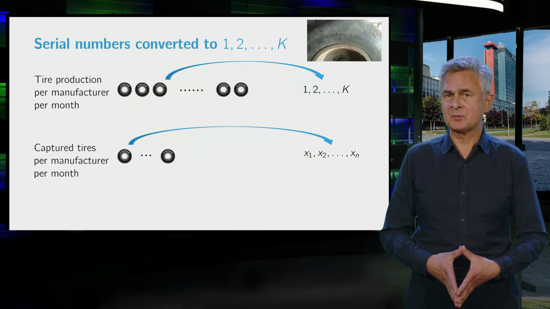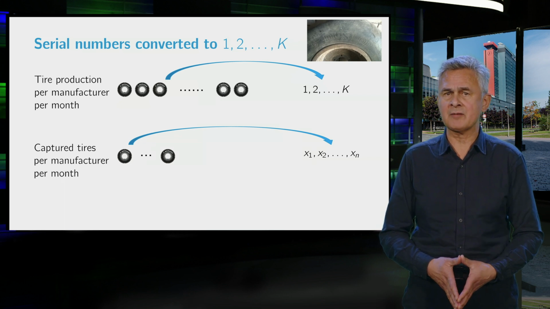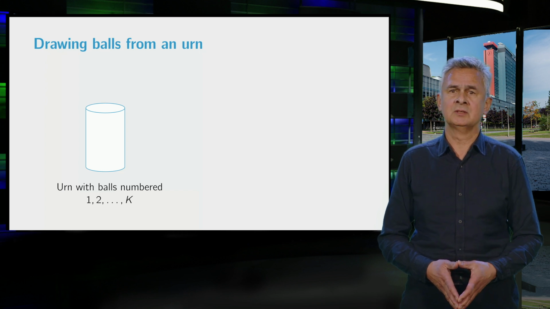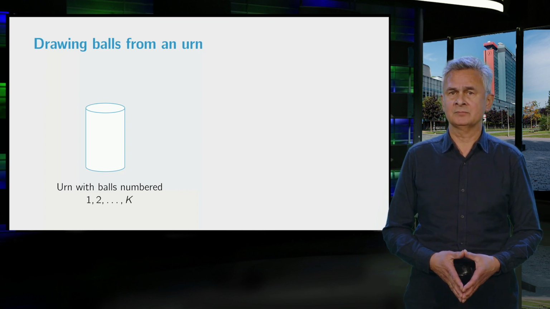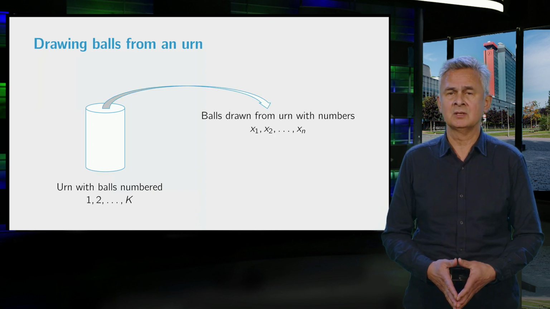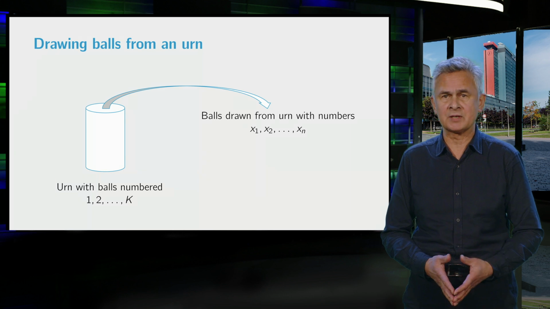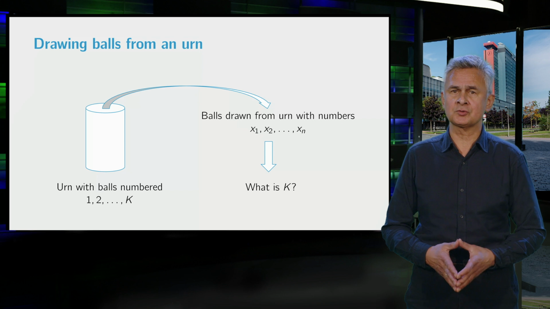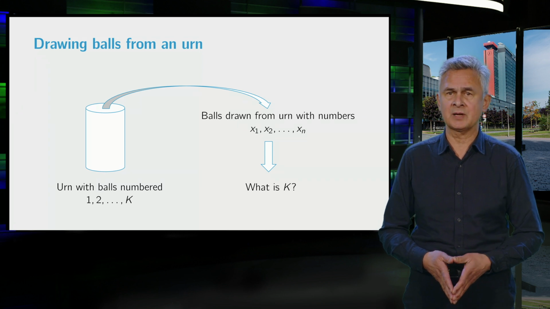Now, this means that the estimation problem can be simplified to having an urn containing an unknown number of balls from 1 up to k, from which we draw without replacement a couple of balls with numbers x1 up to xn. And now the question is how to use the observed numbers to estimate k.